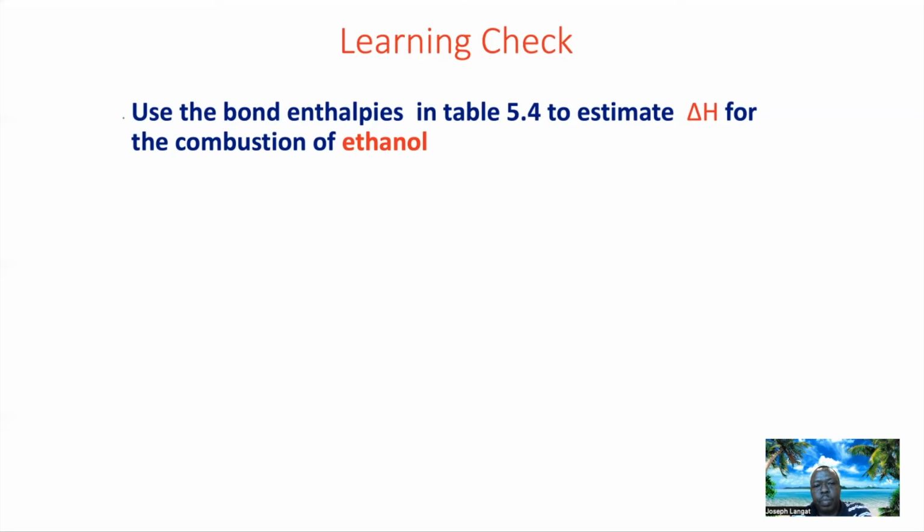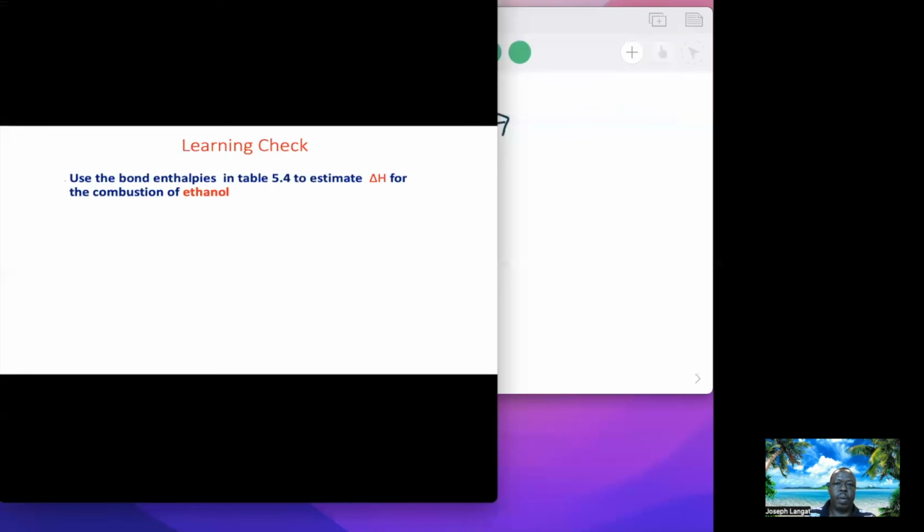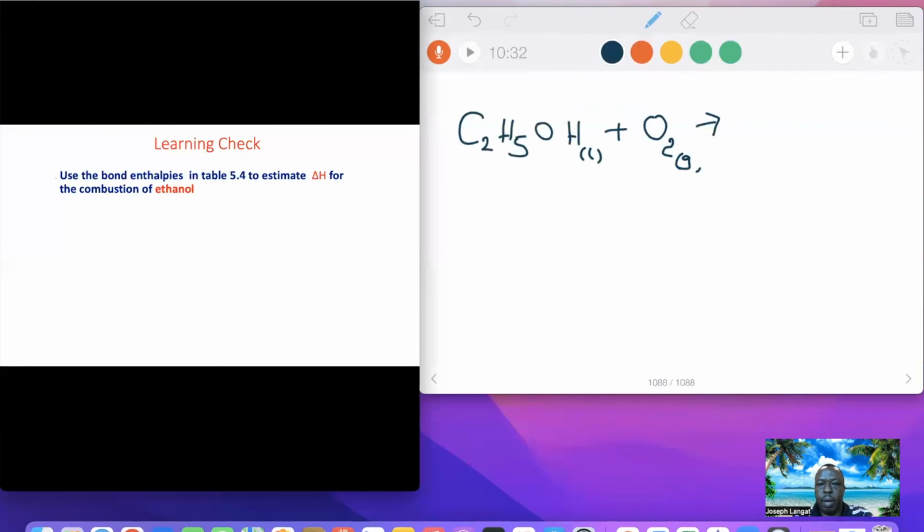So, combustion of ethanol. You have to know the formula for ethanol, plus oxygen. What are the products? Sorry, I was making my own notes, forgetting that I wasn't sharing the screen.